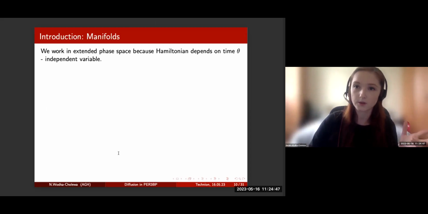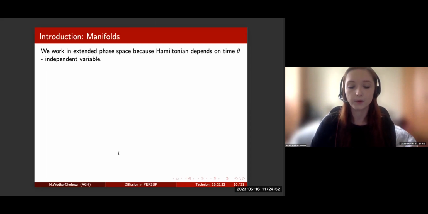So you have one more equation, and you have one more dimension, and we always assume that it can be periodic, so that theta can be in a one-dimensional torus, so 0 to 1, or you can think about it as an angle, and it's 0 to 2 pi. So it depends how you think about the circle, right? If it's the 0 to 1, or it's an angle on a circle.